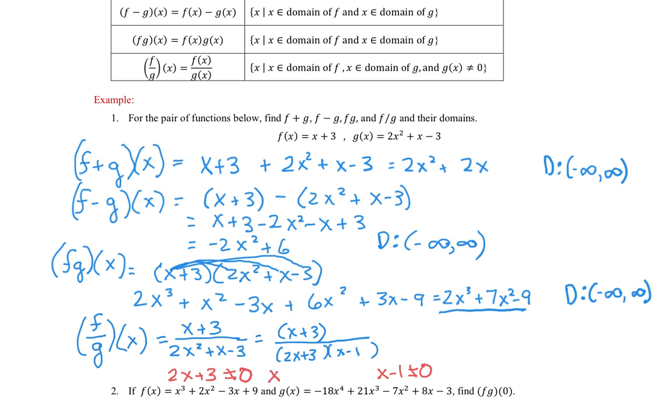And when we solve this, we don't want x to be negative 3 over 2, and we don't want x to be 1. So our domain will be all real numbers but negative 3 over 2 and 1. And in interval notation, it'll look like this.